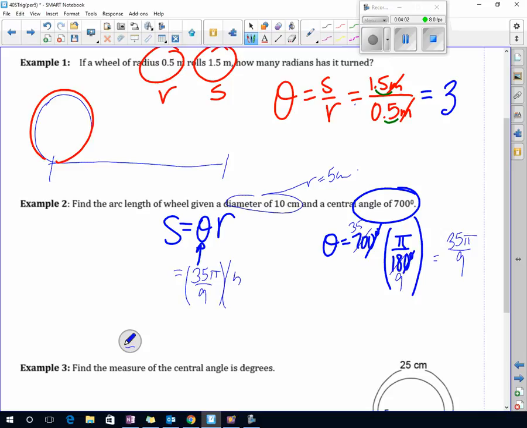Now I'm going to punch in my calculator and I'm going to have it correct to 3 decimal places, which means I'm going to truncate it at 4. So I get approximately 61.0865 centimeters. Did everybody get that when they punched it in their calculator?